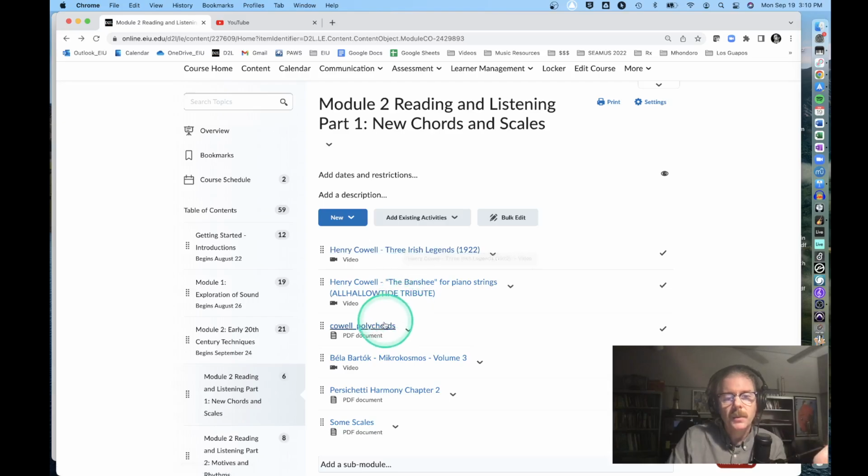So starting off, we have two concepts here, and these were most notably advanced in the early 20th century by the American composer Henry Cowell. Henry Cowell did a lot to push and experiment with new sounds and new resources for composers in the 20th century.